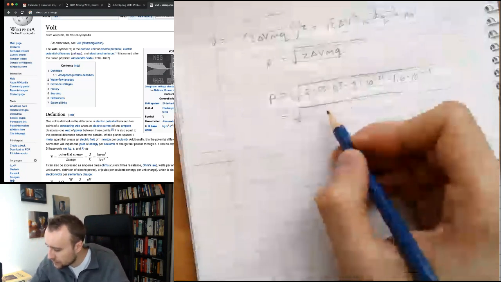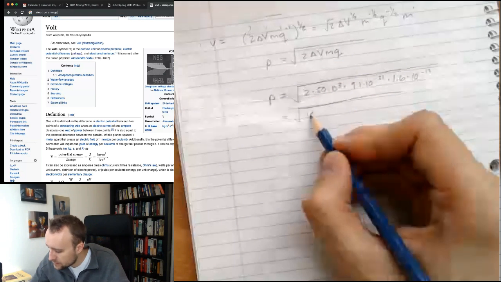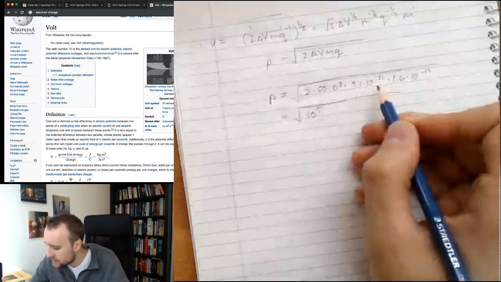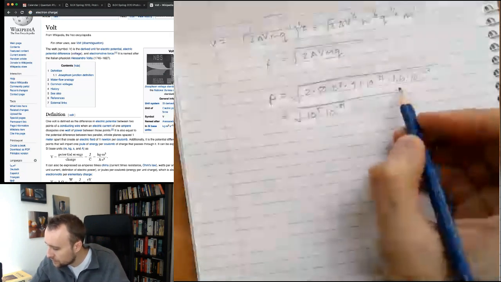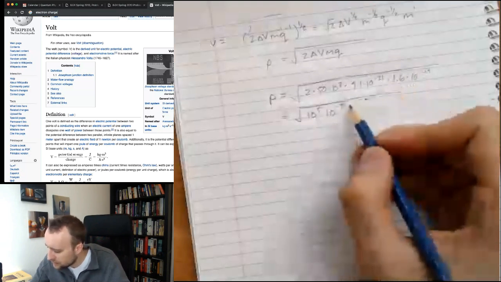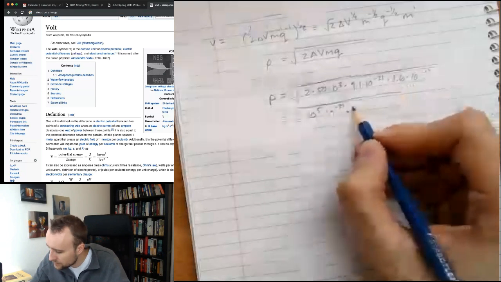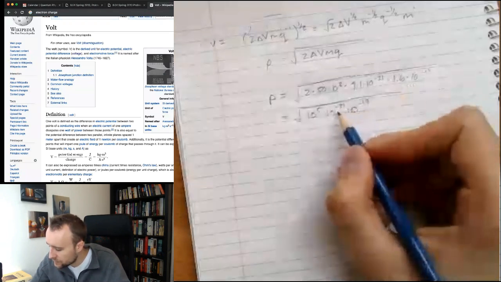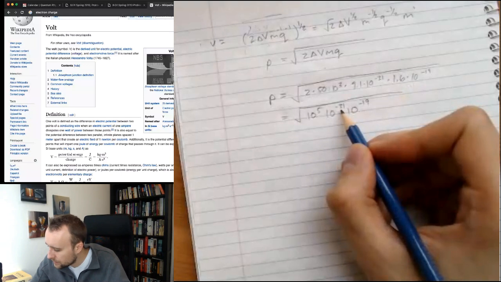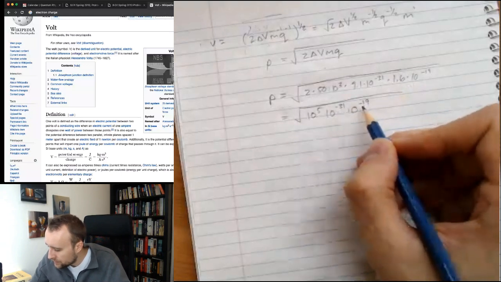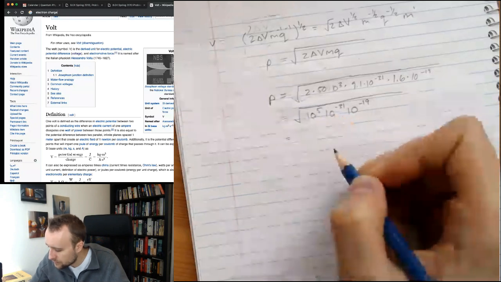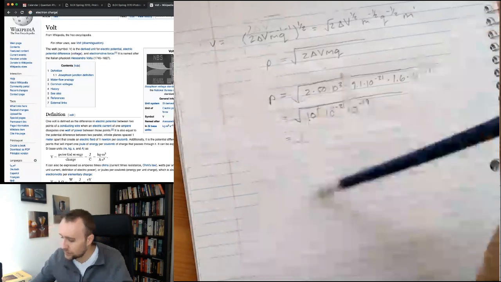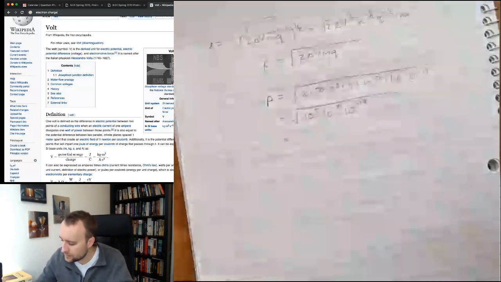So this is equal to square root of, so this 2 times 50, so we have 10 to the 5th. This is going to be, I'm just going to say 10 to the negative 31. And this I'm just going to say is, that's 1.5, so 10 to the negative 19. So we add these up, all these terms, and we have 5, 14 plus 31 is 45.